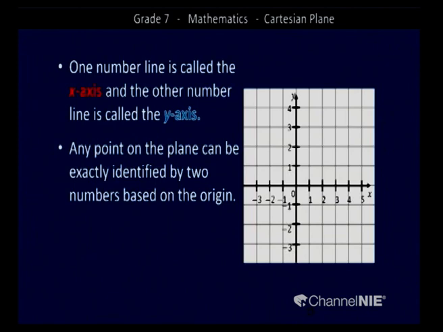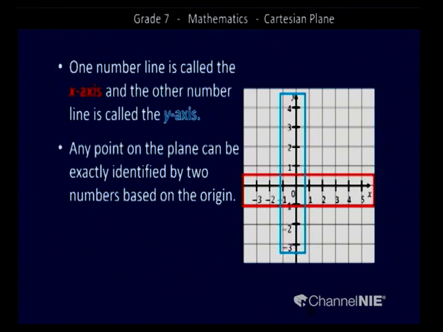Then, one number line is called the x-axis, the other number line is called the y-axis. Once again, there are 2 axes, one is the x-axis, the other one is the y-axis.